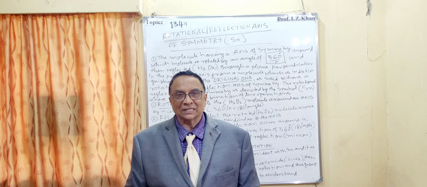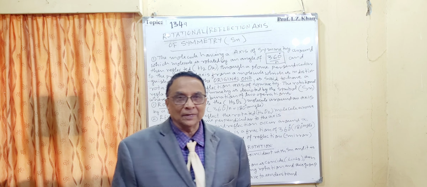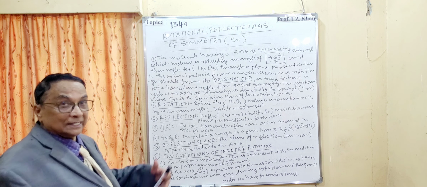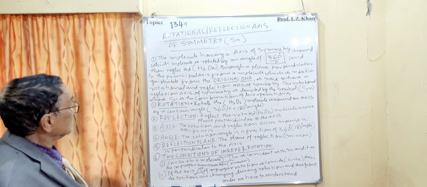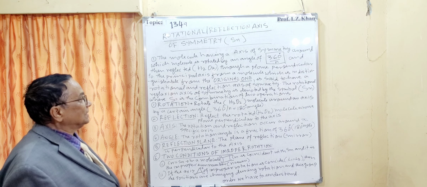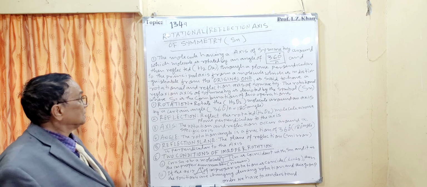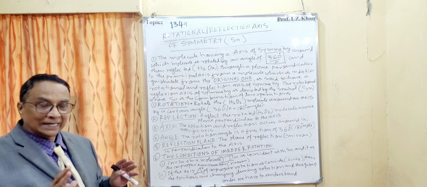So here the rotational and reflection axis of symmetry is given in the form of a summary, and the example I have already shown. Number one, the molecule has an axis of symmetry around which the molecule is rotated by an angle.